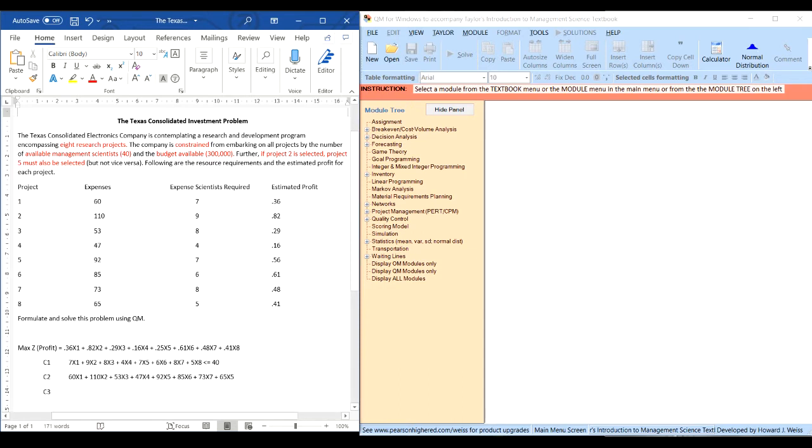So far, this is very clear and very straightforward. However, the wrinkle does come in our third constraint. If project 2 is selected, project 5 must also be selected. This is a conditional situation. If something is chosen, then something else must be chosen.